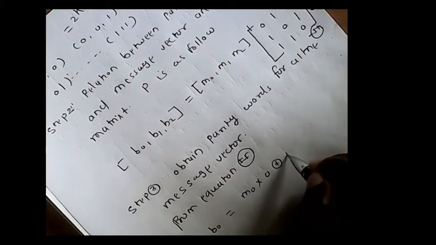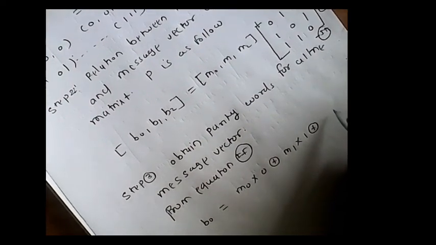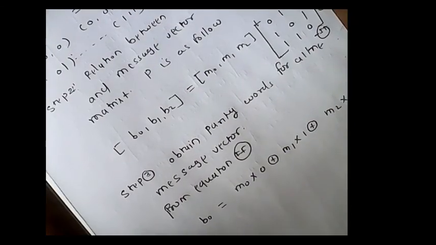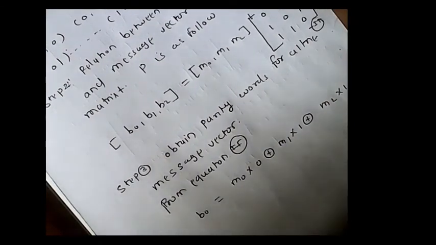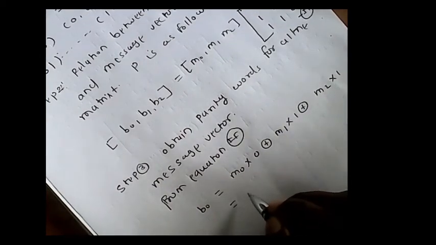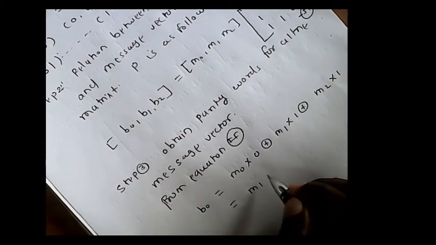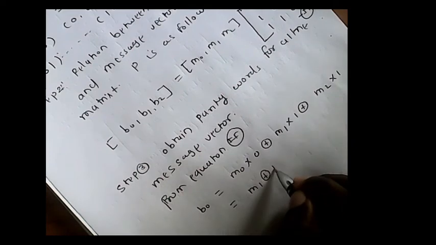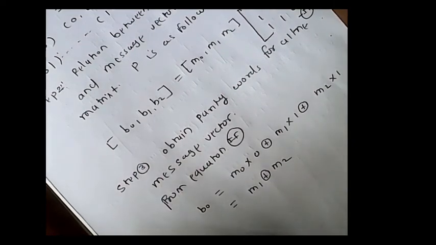So B0 is equal to M0 into 0 modulo operation M1 into 1 modulo operation M2 into 1. After solving we get B0 is equal to M1 modulo operation M2.